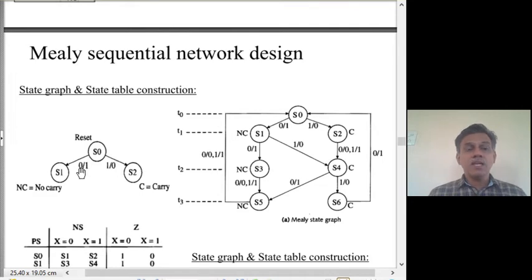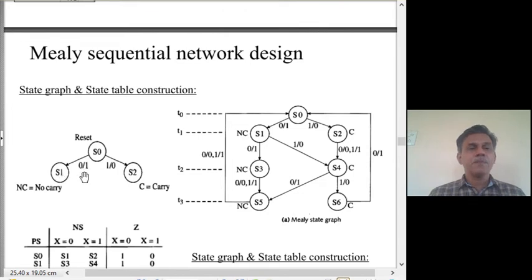So with the carry always being 0, if the input bit is 0 and we add 1 for the addition bit, the result will be 1. So when the input is 0, the output is 1, and we go to a state where there is no carry. So that we will represent as the state S1 and use this label to understand that this is a state where there is no carry.